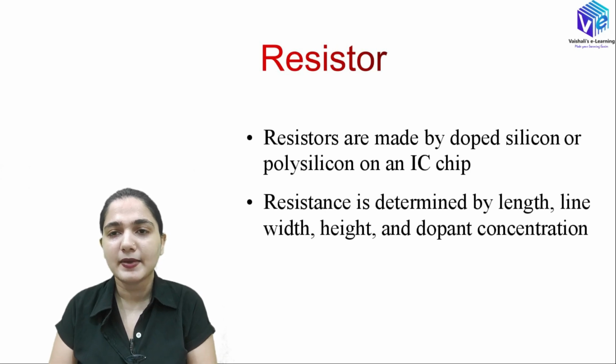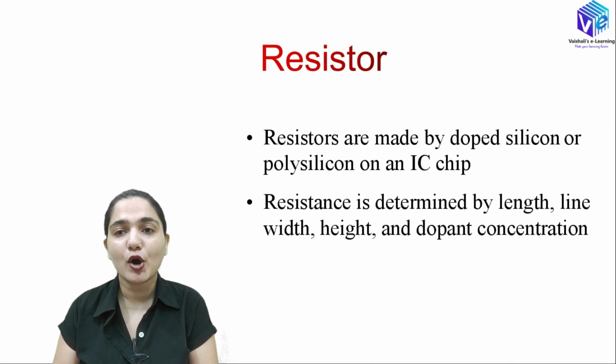Now resistors are made on the chips by doping silicon or by polysilicon on an IC chip. So these are two methods by which we can fabricate the resistor, and resistance is determined by the length, width, height and the dopant concentration as well. I have already talked about the dependence of resistance on the dopant concentration in the previous video.